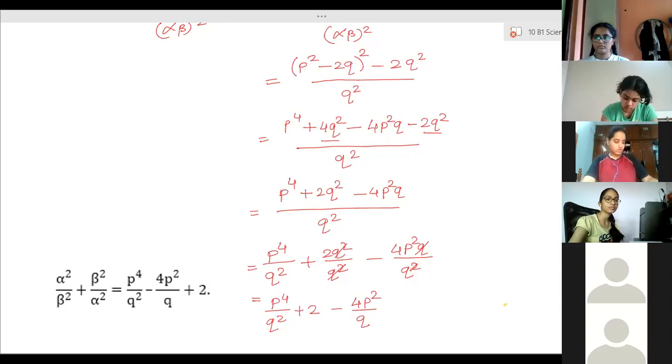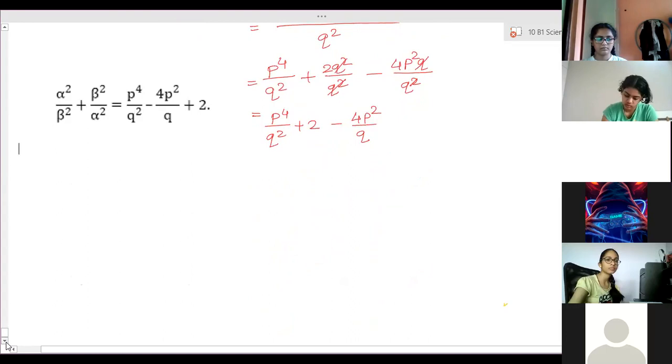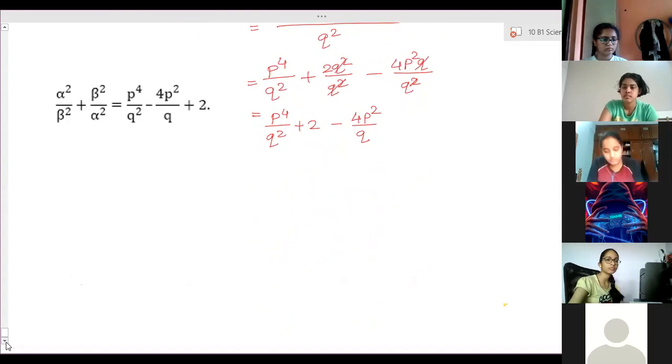Sequence of PDF, what you have to upload: three PDFs, one with question numbers 1 to 9, second PDF from 10 to 19, third PDF from 20 to 47. Okay, ma'am.